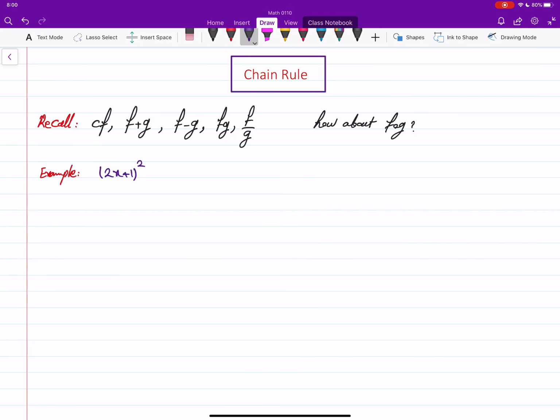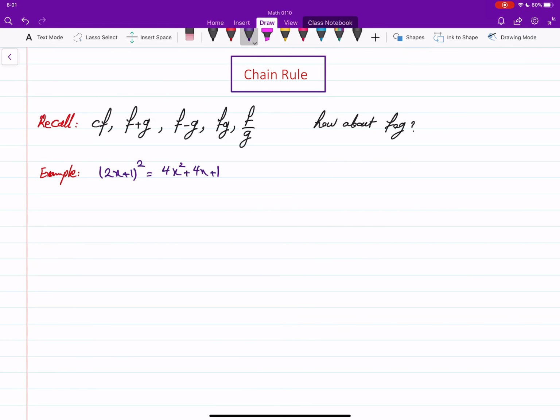Can you differentiate this one? Well, you would say, yeah, why not? I can expand this first, then I get 4x² + 4x + 1. This is a polynomial. I can apply the constant and sum rules. That will give me the derivative. You're right for this power.